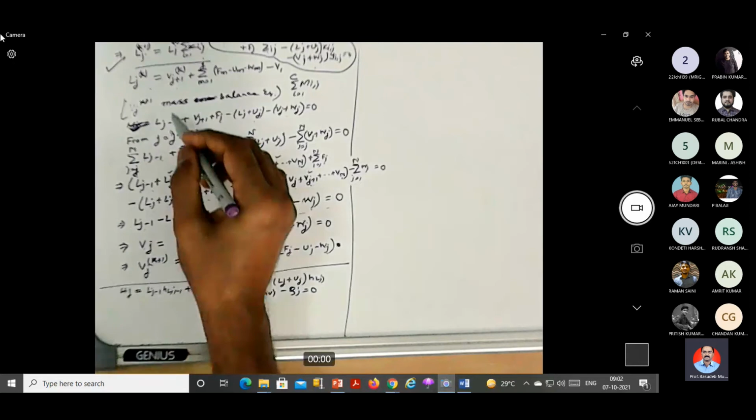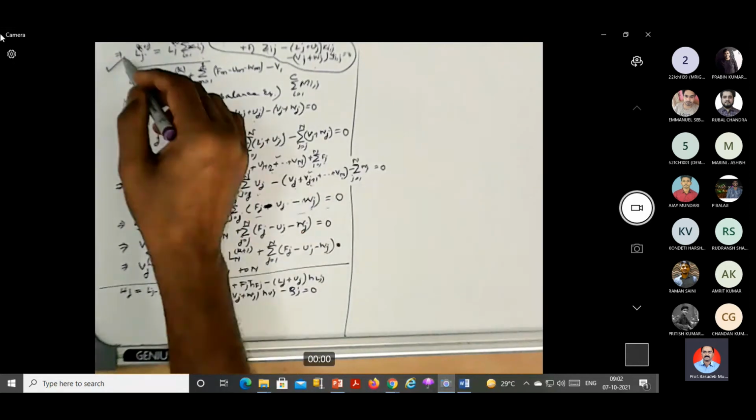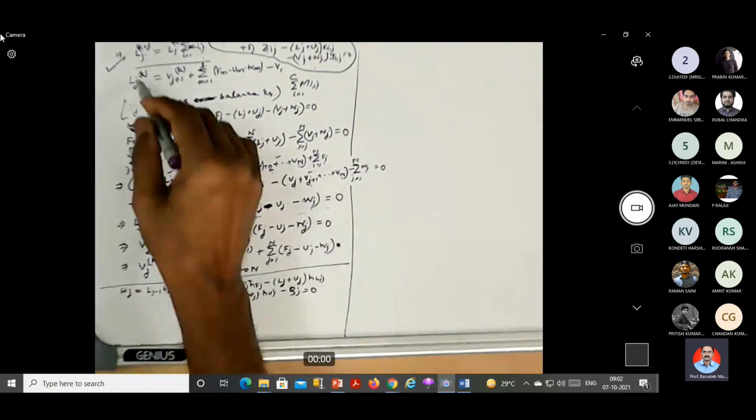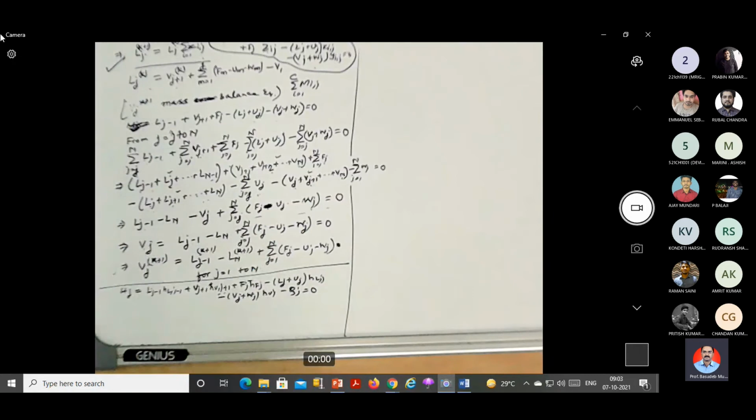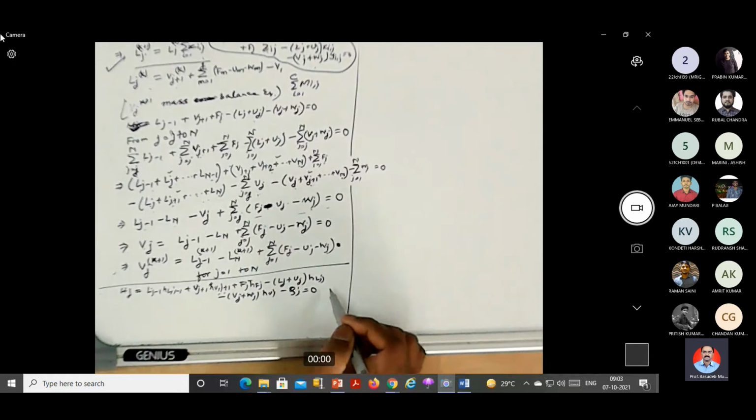Those are tentatively known to us, the liquid flow rate and vapor flow rate from this equation. There is no difficulty at all. Now let us look only at the enthalpy terms. HLj is also there, and with this term we have HVj.